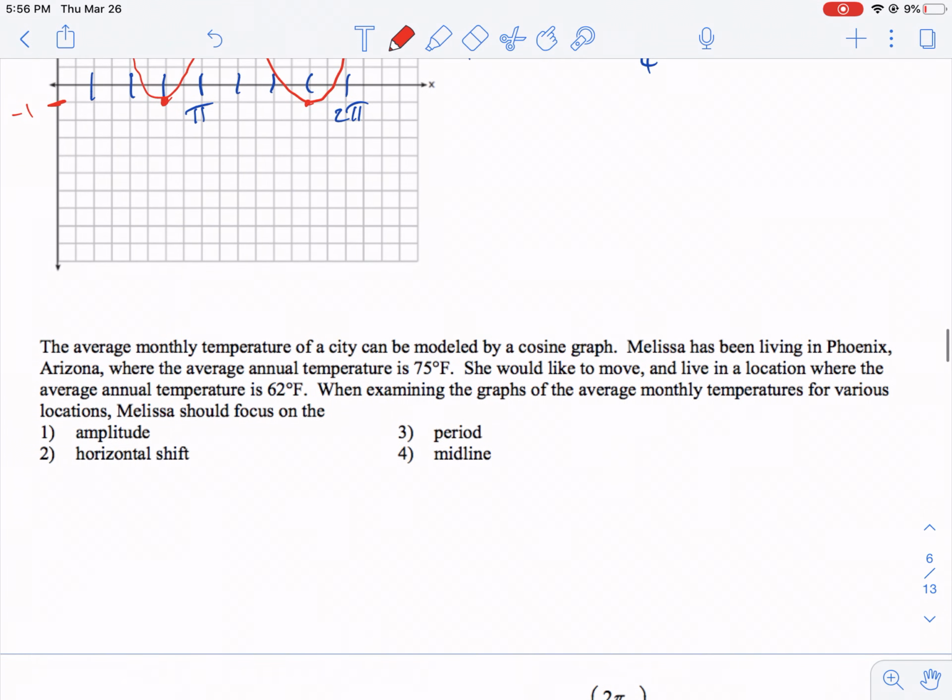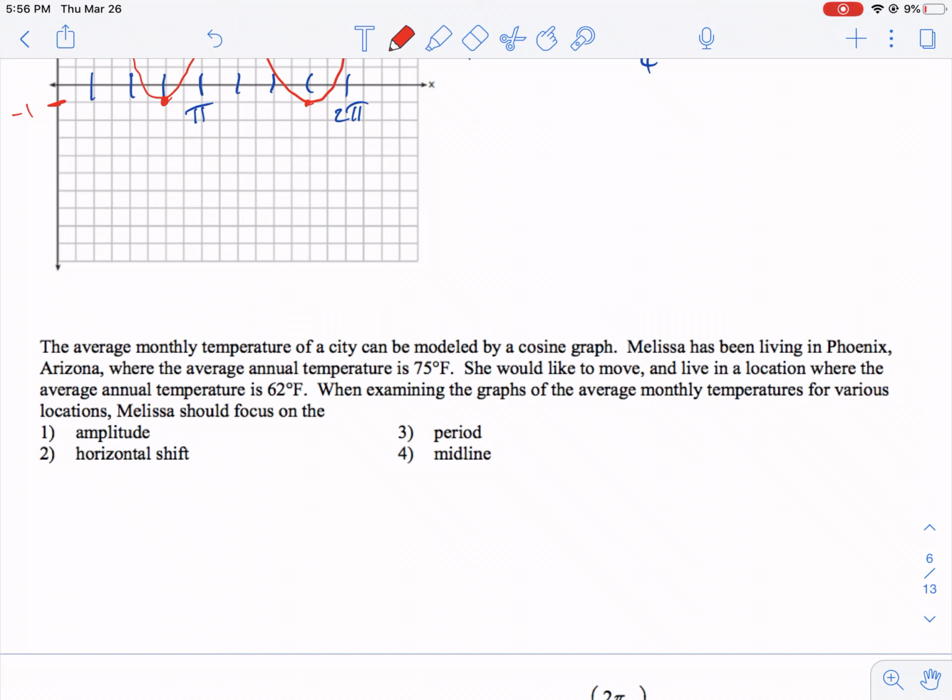Alright, this will be the last one for this video. The average monthly temperature of a city can be modeled by a cosine graph. Melissa has been living in Phoenix, where the average annual temp is 75. She wants to move and live where the annual temp is 62. When examining the graphs of the average monthly temperatures for various locations, what should she focus on?